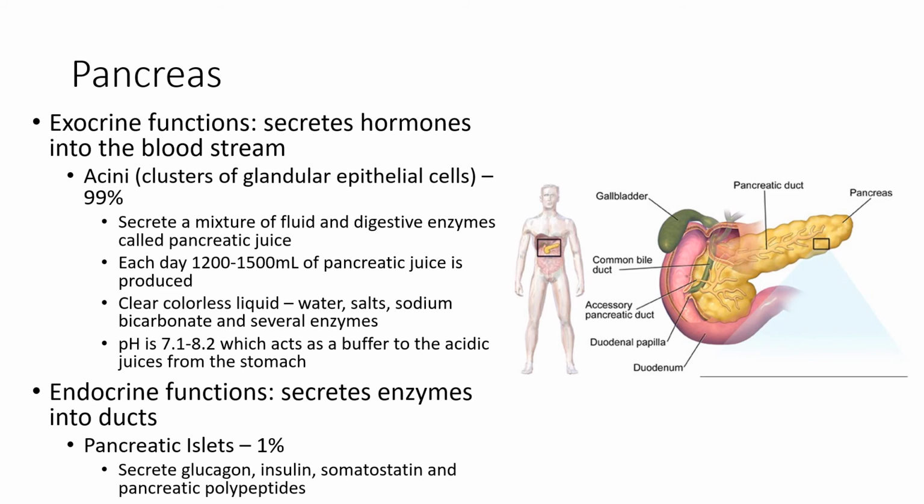This is a clear, colorless liquid that is going to contain water, salts, sodium bicarbonate, and several enzymes. What's important with this pancreatic juice is that it has a pH of 7 to 8, which is going to act as a buffer to the acidic juices from the stomach.